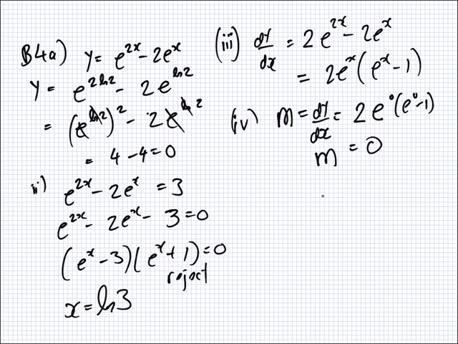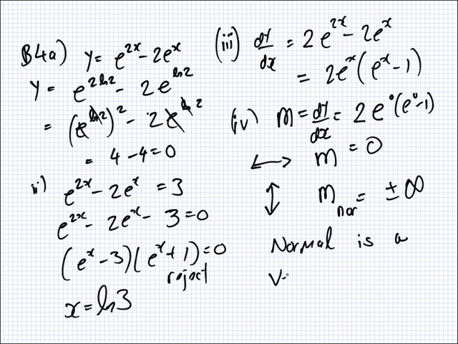But that's the tangent. What is the slope of the normal, which is what they want? It's undefined. The tangent is horizontal, so the normal is a vertical line.